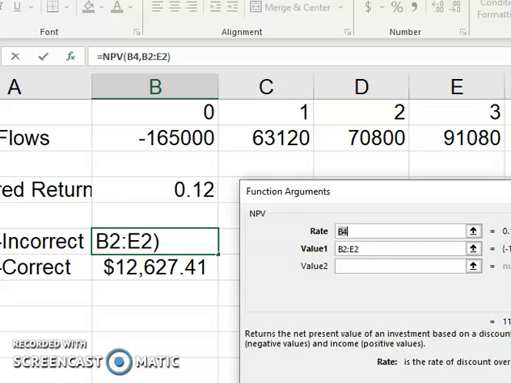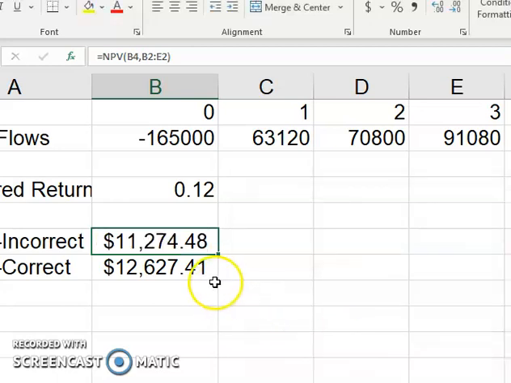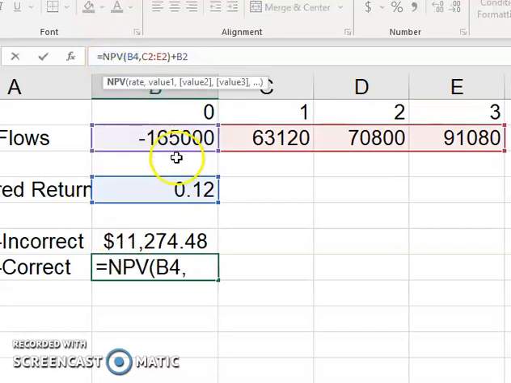We'll move down and I'll show you the correct way to do it. Since we've got the cash flows entered as a negative, we have NPV, and then B4 here is the required rate of return. C2 to E2 are the cash flows.